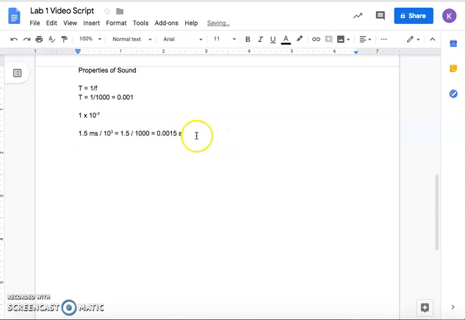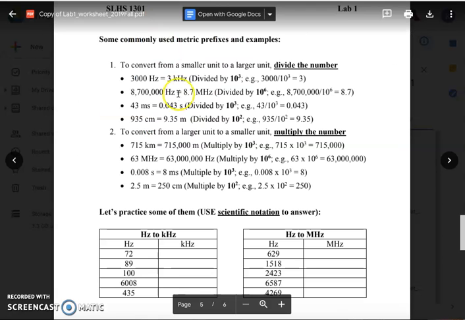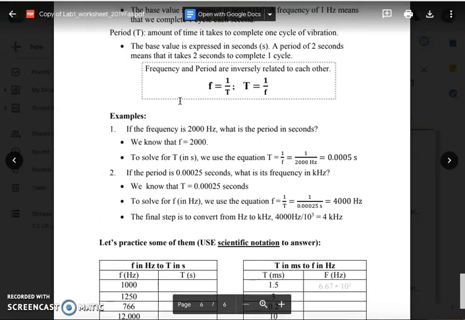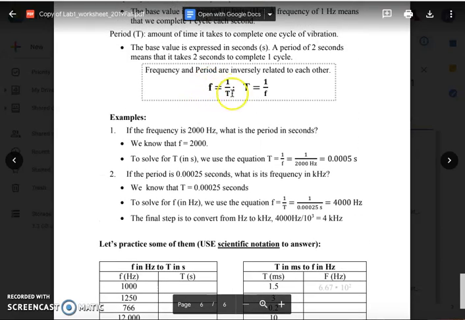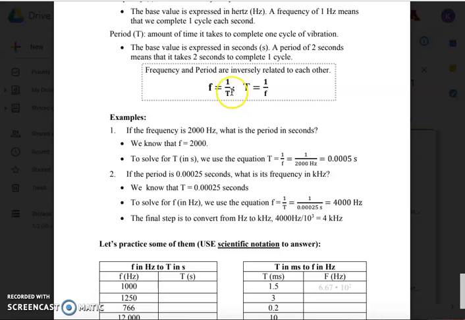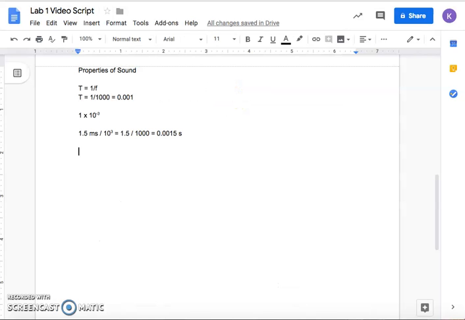Now we're going to insert our time into our equation. We want to find out frequency, we have time, so we're using this equation. So frequency equals 1 over time.